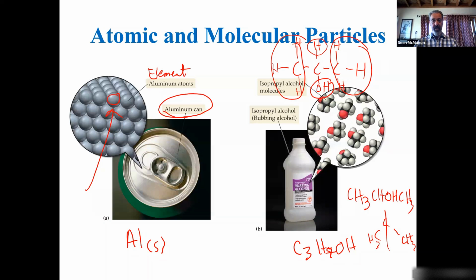You don't have to worry about that right now, but as time progresses, you'll see that. If this rubbing alcohol was pure, which typically it's not, it would just be this pattern and this formula, the C3H7OH repeating.